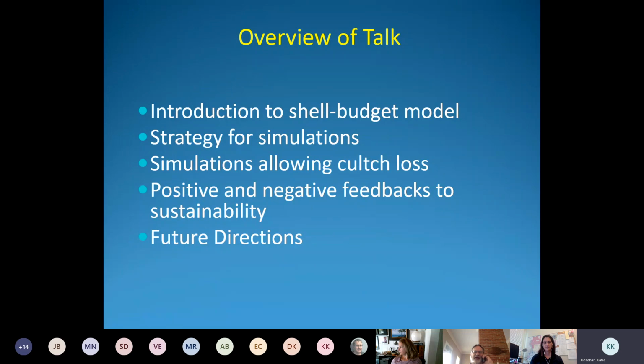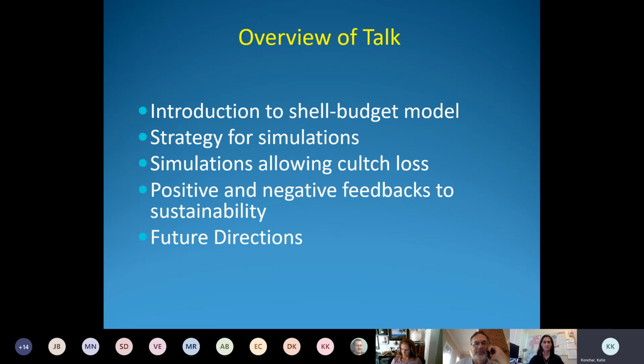So essentially the initial strategy for simulations, and the definition of sustainability, is no net culch loss. But I'll talk about some simulations that at high levels of culch allow some loss of culch.